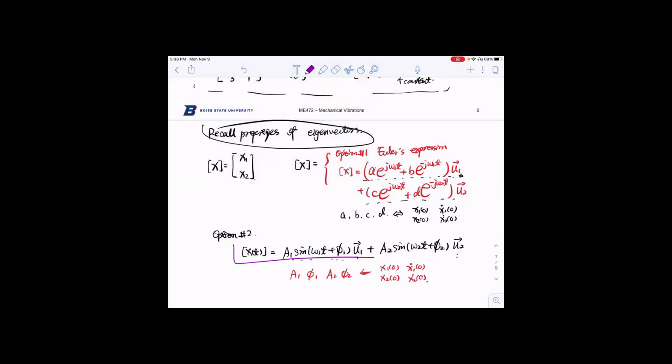If you look at these time domain solutions, one thing we learned is that the free vibration of a multi-degree of freedom system is going to vibrate at 2 frequencies. Depending on your excitation, sometimes the first mode has a higher weight, or sometimes the second mode has the highest weight.